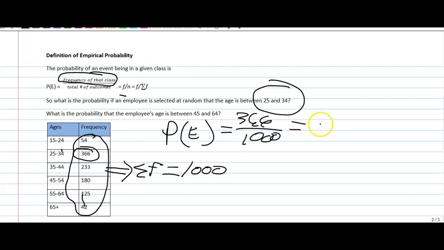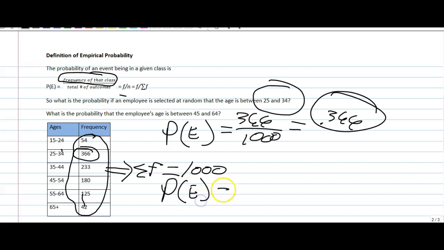So 366 divided by 1,000 is 0.366. And again, probability is always a number between 0 and 1.